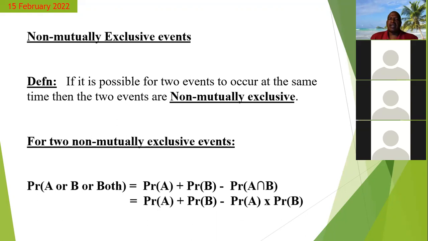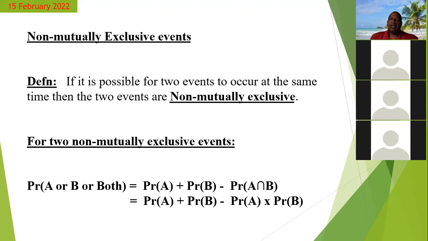Then non-mutually exclusive events: if it is possible for two events to occur at the same time, then the two events are non-mutually exclusive.